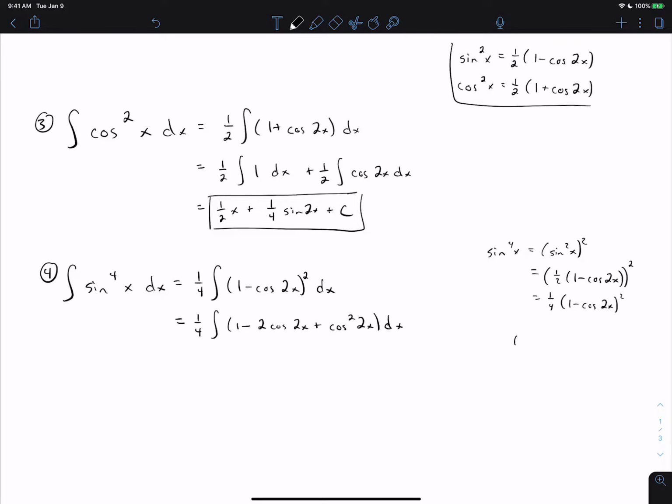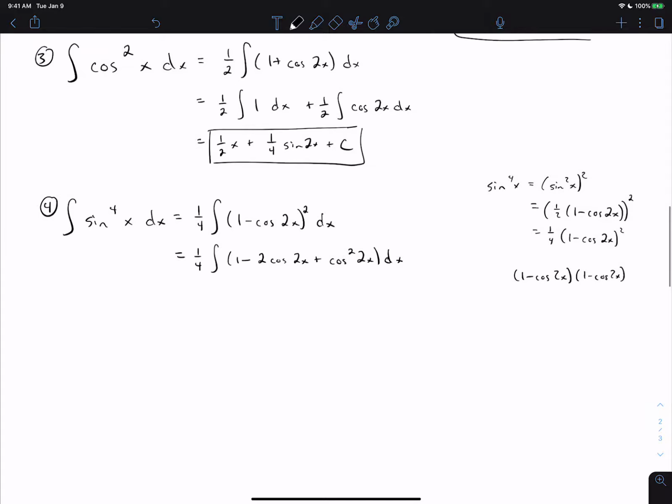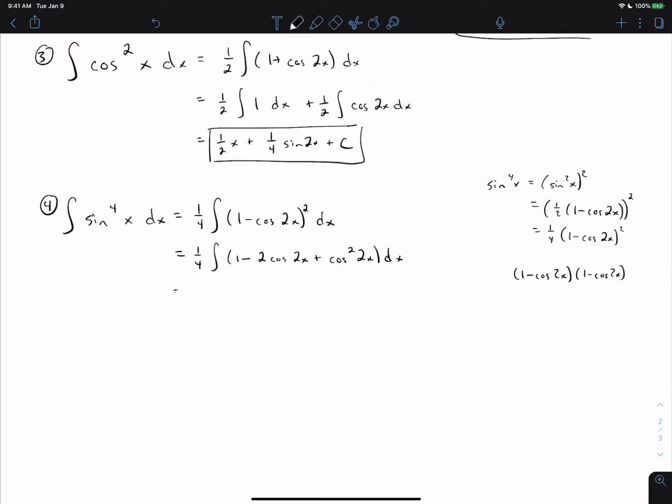We get that by multiplying 1 minus cosine 2x times itself and distributing. If you need to do that on the side, you can, but that's what we get when we distribute it.